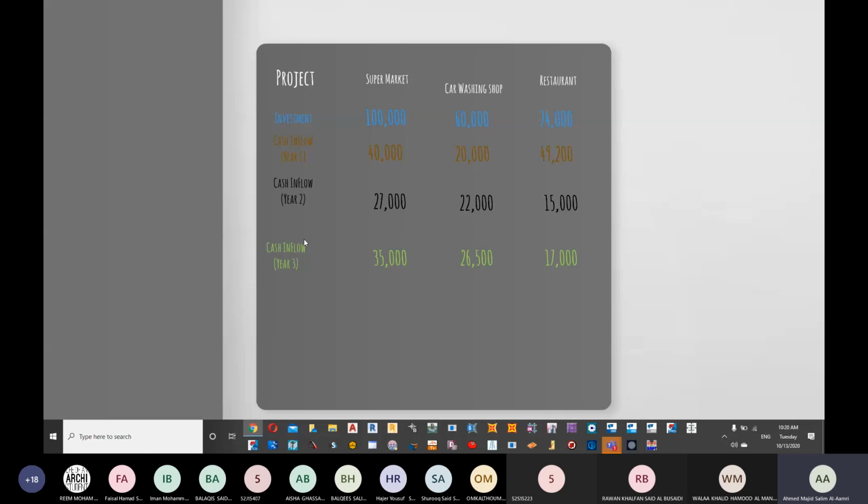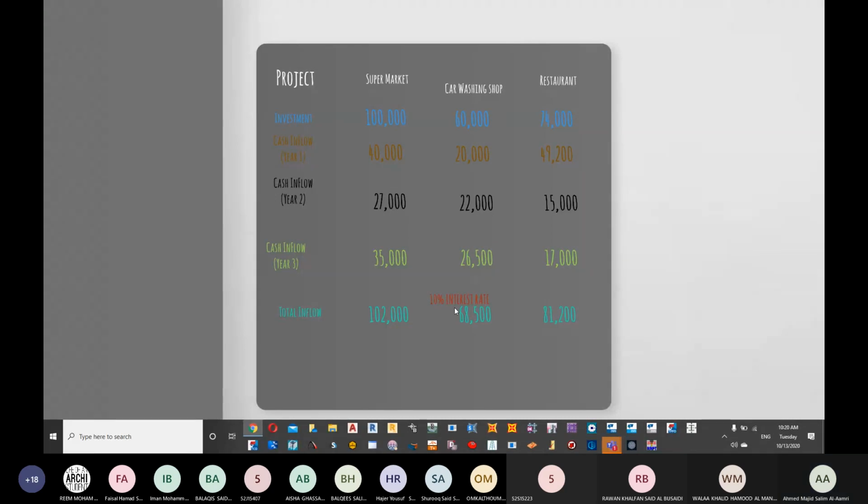To keep it a little bit clearer, the total cash inflow that we are getting for this project is 102,000. Here we have got 68,500. Here we have got 81,200. Then we said there is a 10% profit rate, a 10% interest rate.